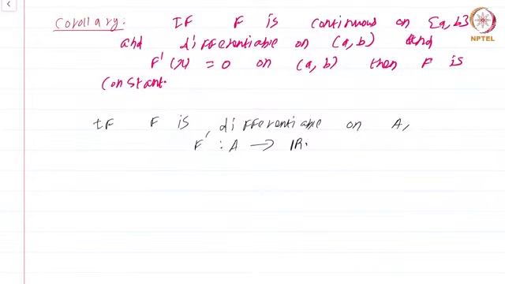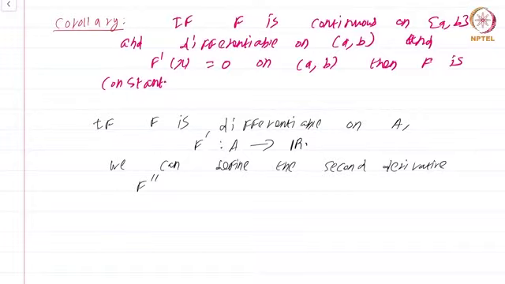Well, we can define the second derivative. The second derivative of f, we write it as f double prime, which is just (f prime) prime whenever it exists.